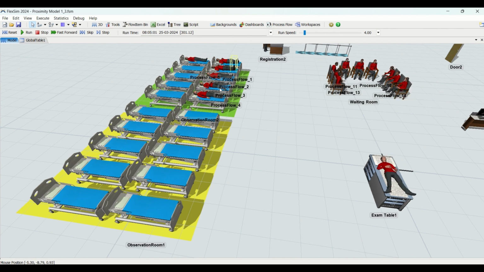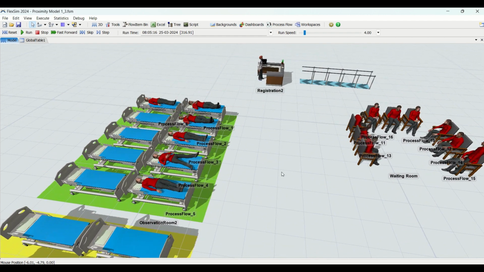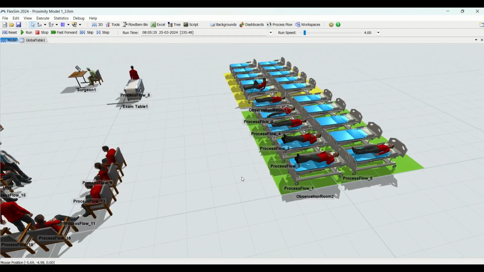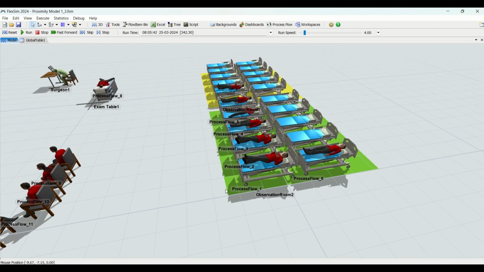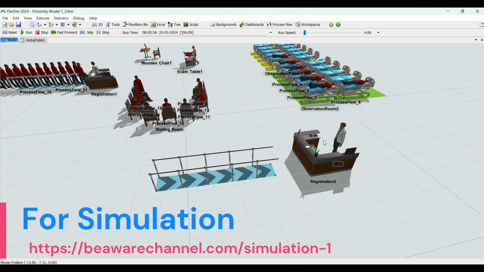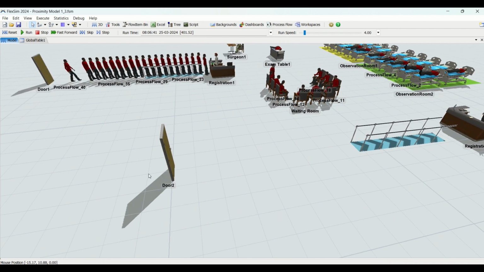The patient is observed in this area and given certain medical treatments, and once the treatment is done and their time is completed, these people go to the reception area, where they pay their hospital bills and then leave the hospital through this door.